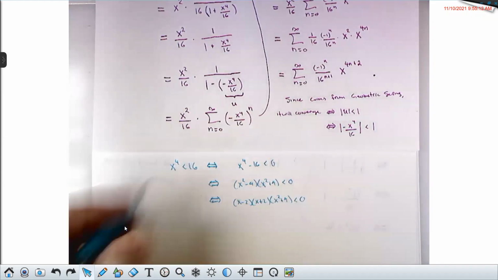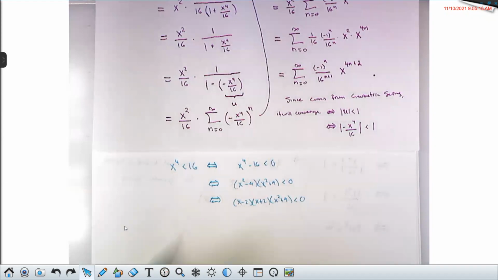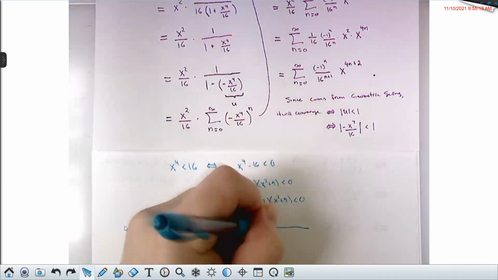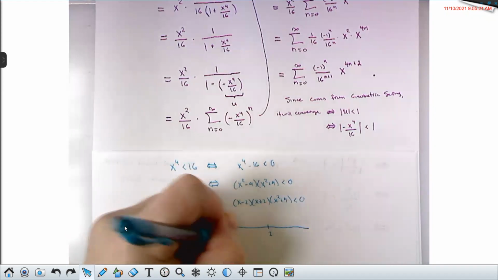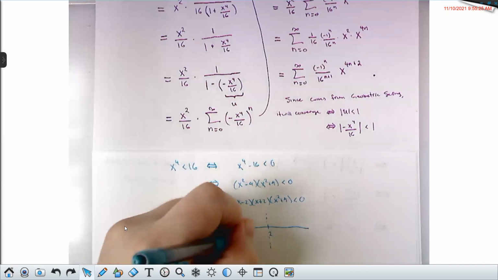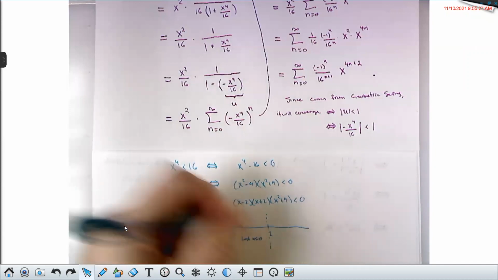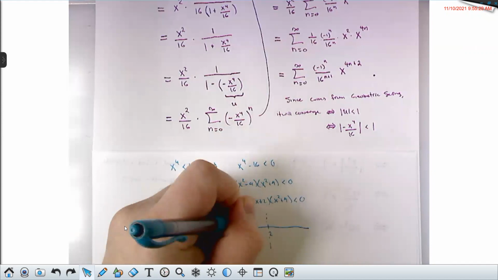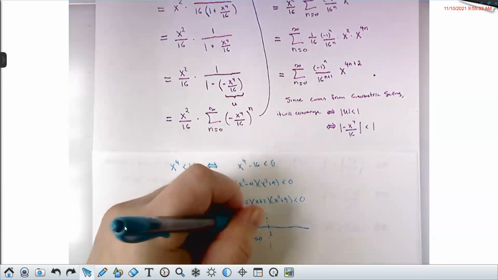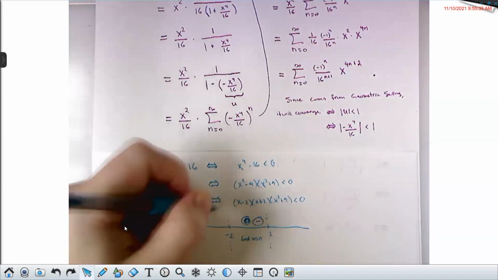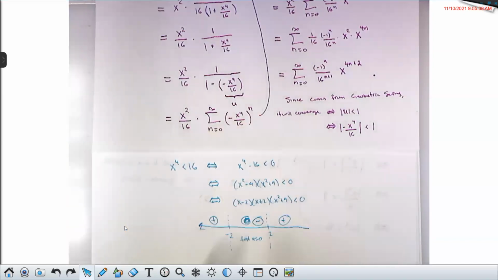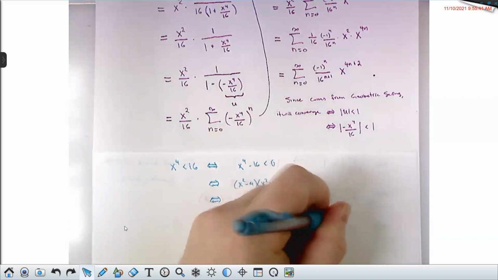And then you write down your cut points, which are the x values that would make that equal to 0, which are -2 and +2. And then you test a point in each region, use multiplicities. If you test x equals 0, this will be positive. This would be -2 times +2 times +4. This would be negative. And these would be positive. So the solution to x to the 4 minus 16 less than 0 is the open interval -2 to 2.